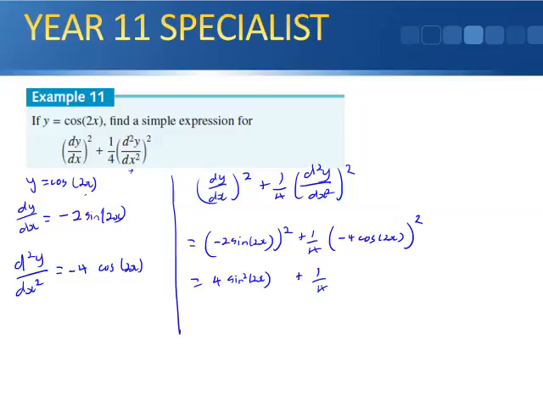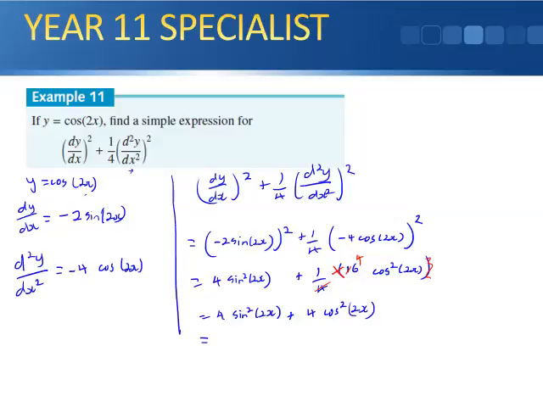Plus 1/4, negative 4 squared, I'll put this in brackets at the moment, is 16, and I've got cos squared of 2x. So a quarter times 16, I'll get rid of that bracket now, is 4. So I end up getting 4 sine squared 2x plus 4 cos squared 2x.